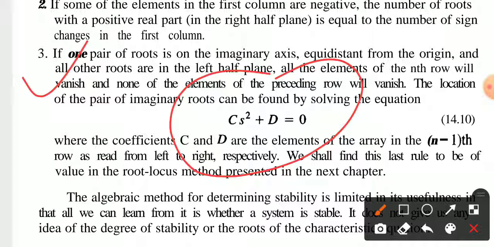This is the final step for this equation c s squared plus d.